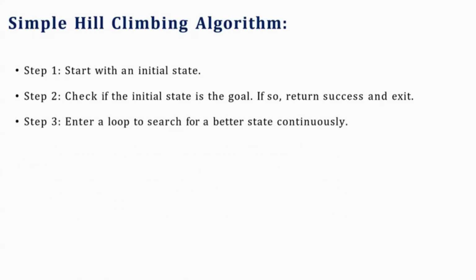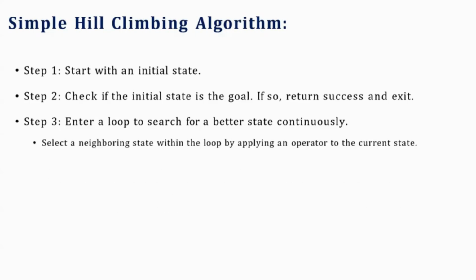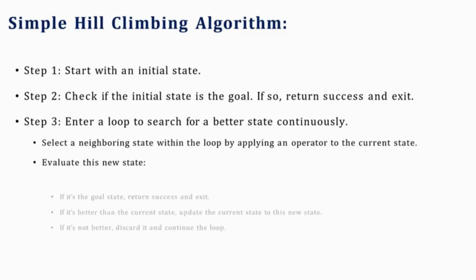Step three, enter a loop to search for a better state continuously. Stop the algorithm if no solution is found or no further improvement is possible, which means the current state is a local optimum. Select neighbors within the loop by applying operators to the current state and evaluating the new state.